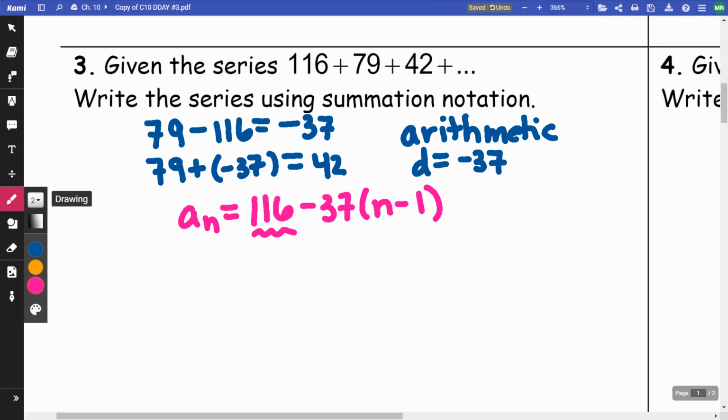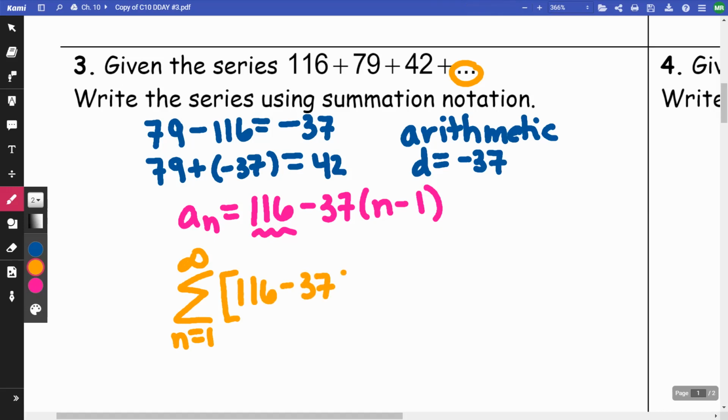So now for the summation notation, I am going to start with 1, and they have ... up here. So I'm going to go to infinity because it doesn't give me an end point. And then I write my a sub n. 116 minus 37 times n minus 1. And that's your answer.